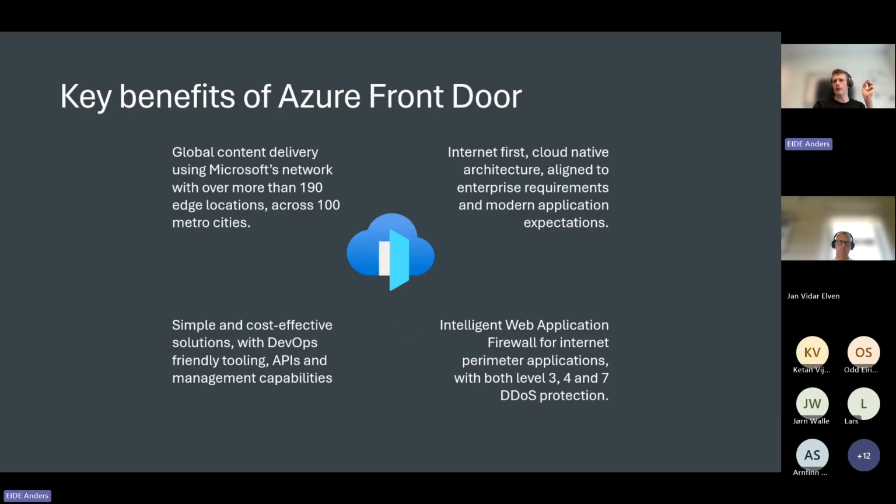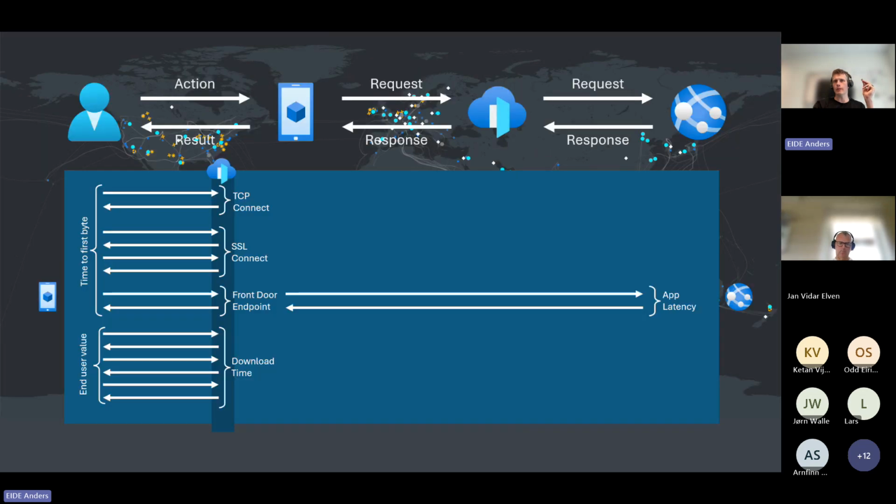By enabling Front Door, you can see that from the previous image, we had a lot of long paths going back and forth for the connections. With Front Door, this communication will be reduced to the shortest route between the user and the first Front Door POP location, and then the backend will also go over the Microsoft backend network to communicate with the application.